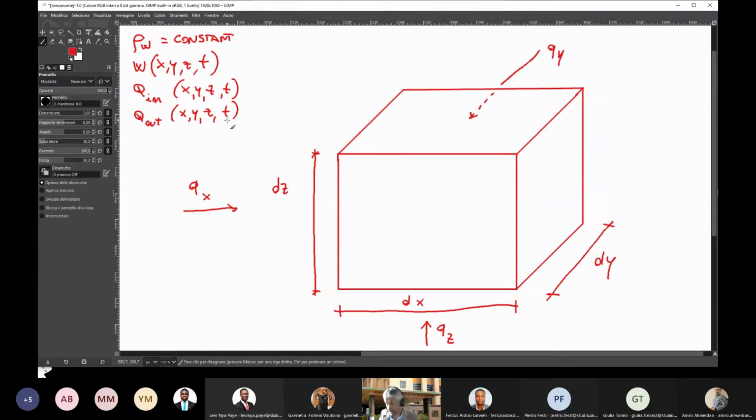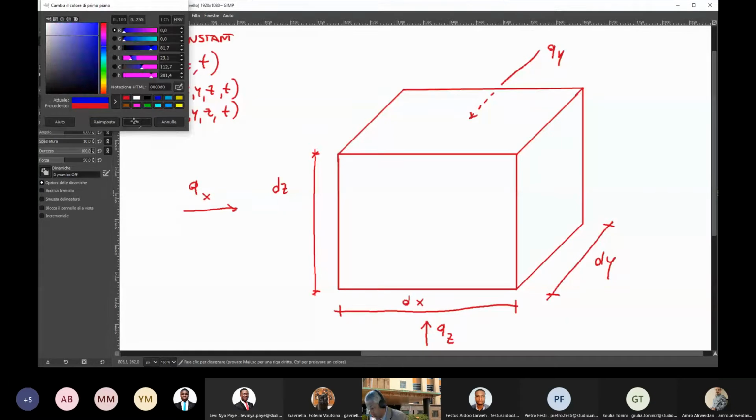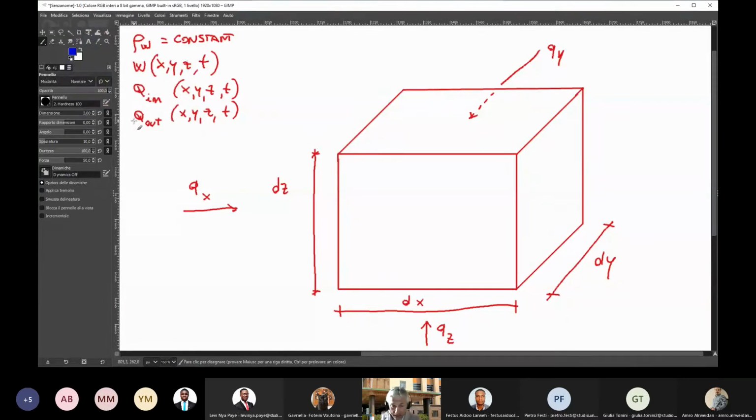Now, let me write the mass balance equation. Let me change the color of the writing because here we start our mathematical development. So let me write the mass balance equation, and then it is very simple to write it.